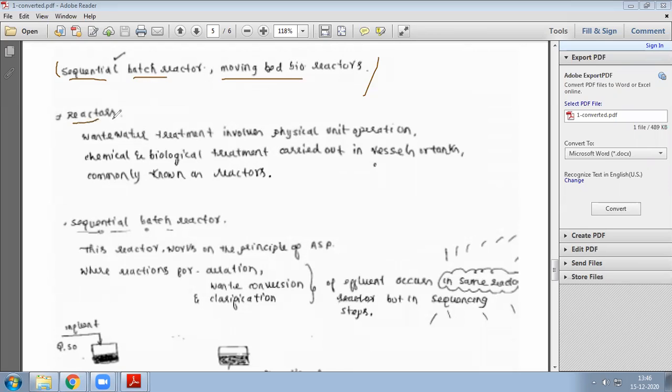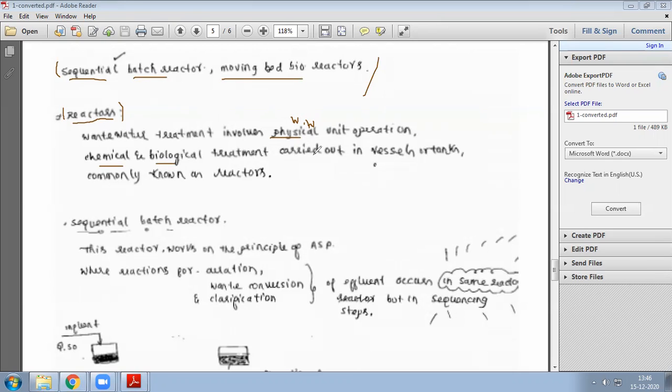You have understood the physical, chemical and biological characteristics of wastewater, right? You have understood that each one has its own characteristics. A lot of tests you have performed in the lab, so you have understood that.